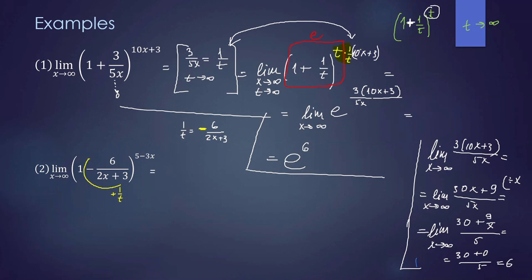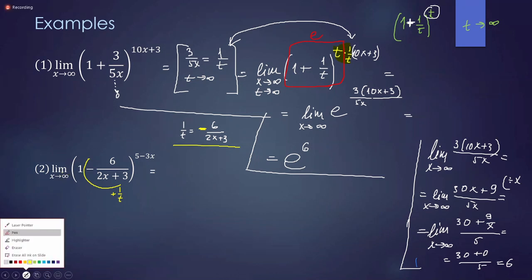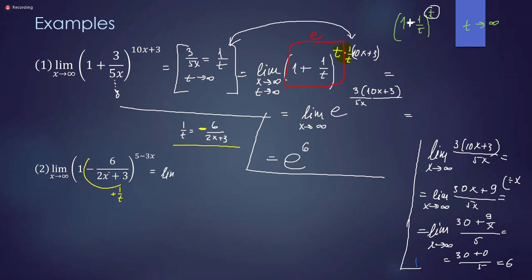Now, let's see how things work out for this. So we have the limit when x tends to infinity, and t also tends to infinity, but only it will be minus infinity, but in this case we can just write infinity. 1 plus 1 over t as we substitute. Then we want t times 1 over t. That is universal.